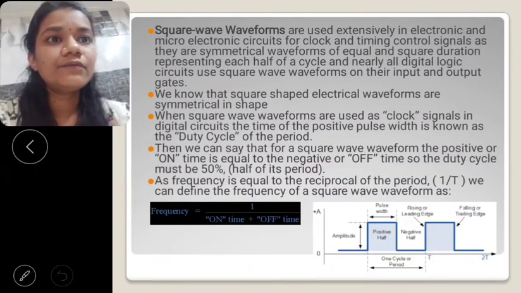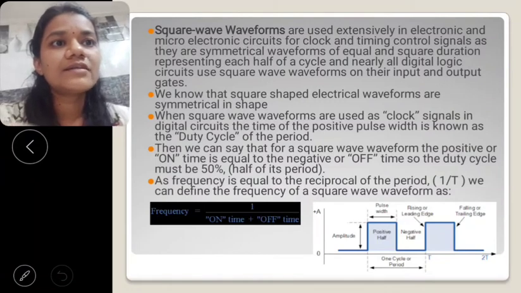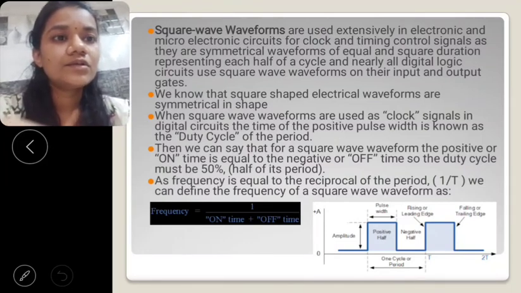They are symmetrical waveforms of equal duration, representing each half of the cycle, and nearly all digital logic circuits use square waveforms. We know that square electrical waveforms are symmetrical in shape, okay. So this is nothing but symmetrical in shape.